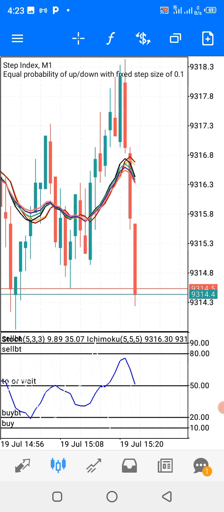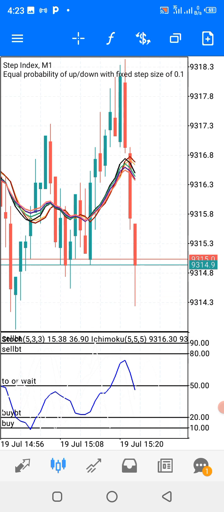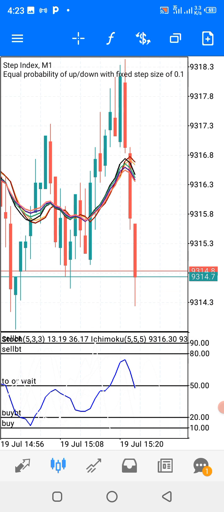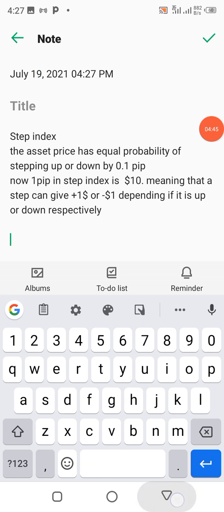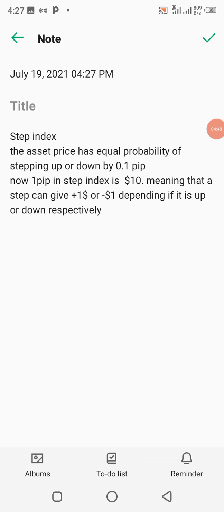Before I continue, I'm going to take you to a notepad to explain to you what step index is all about. What I see here, a step index, the asset price has equal probabilities of stepping up or down by 0.1 pip.